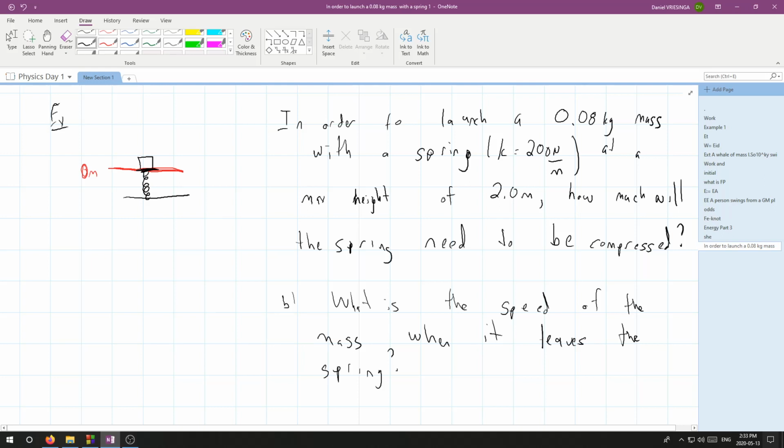And then what's going to happen when we let go is the force of the spring is going to push this thing back up, right? And probably about the time that the spring reaches back to its equilibrium position, this box will be flying through the air.